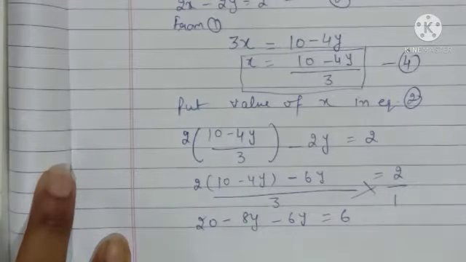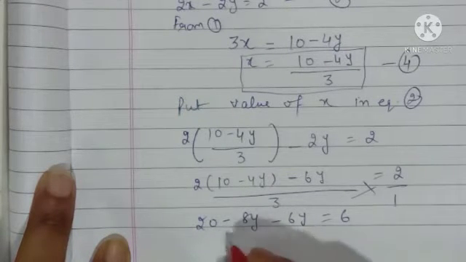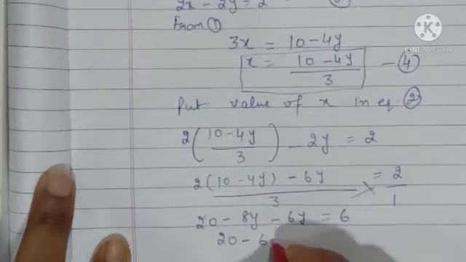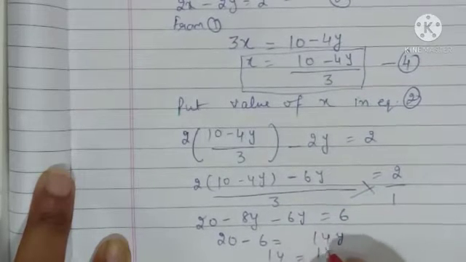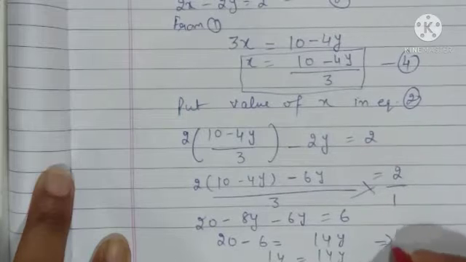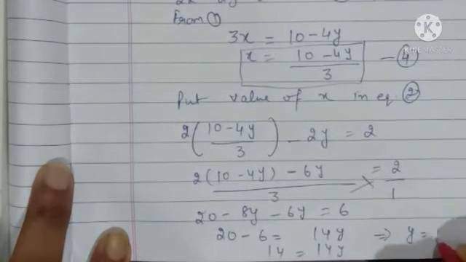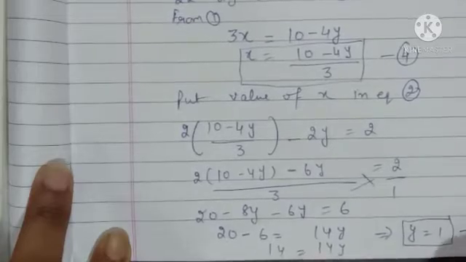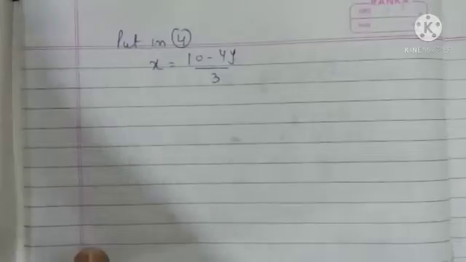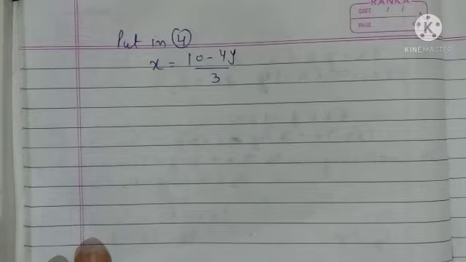Equating the coefficients of y and constants, I get 20 minus 6 is equal to 14y. So 14 is equal to 14y. From this I get the value of y, that is equal to 1. Let us mark this as number 5. Let us put the value of y, that is equal to 1, in equation number 4.